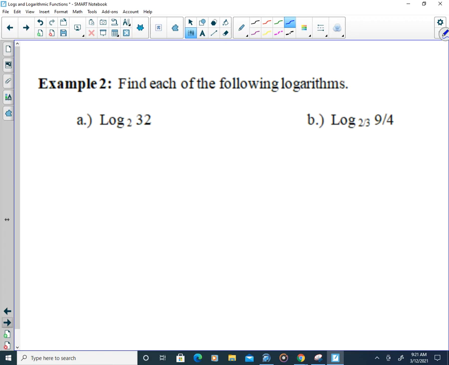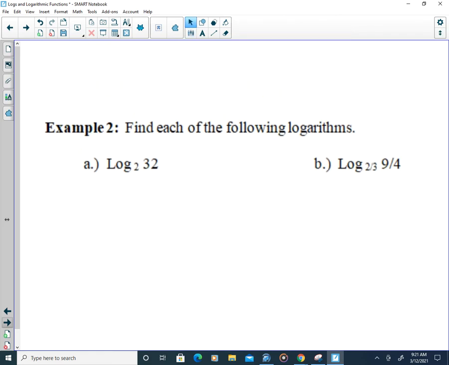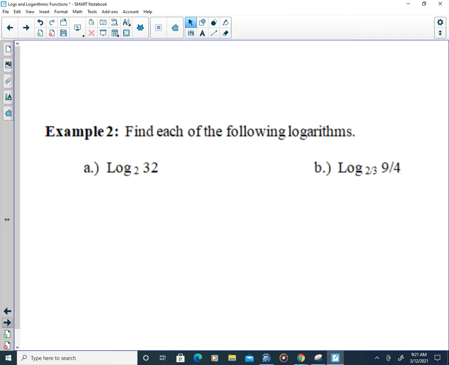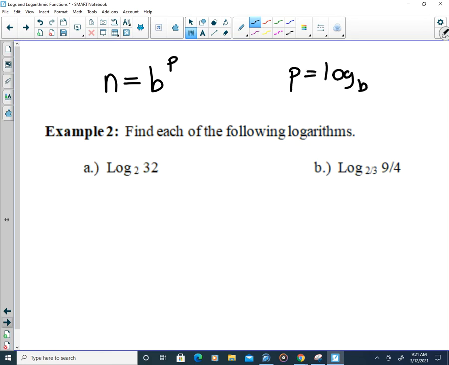Again, let's just write up here our property. So far, I've only taught you one thing about logarithms: how to change it from an exponential equation to a logarithm equation. So remember, these two equations are equivalent.